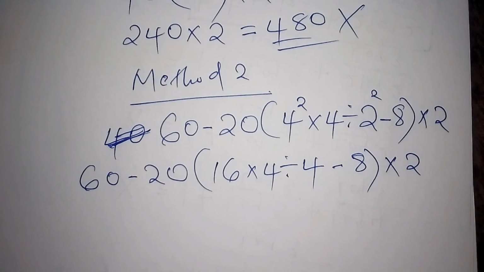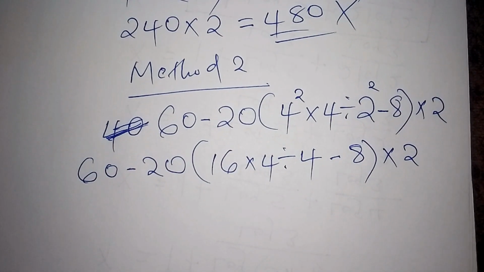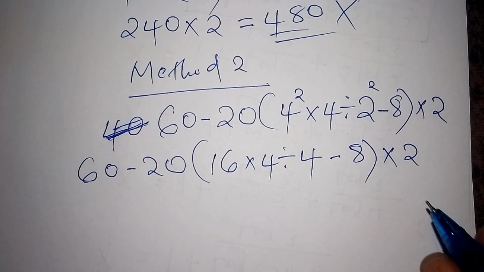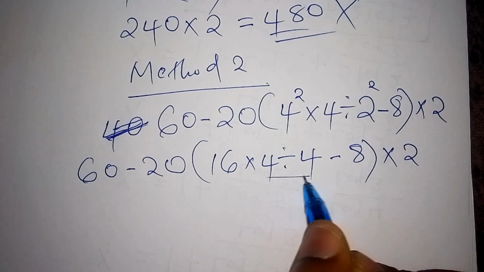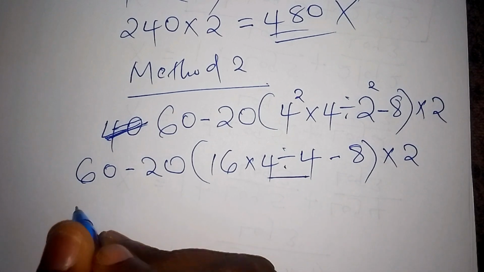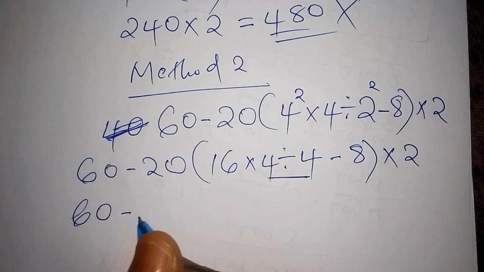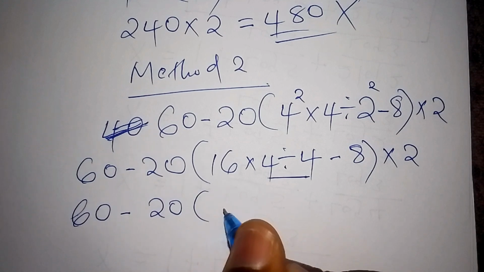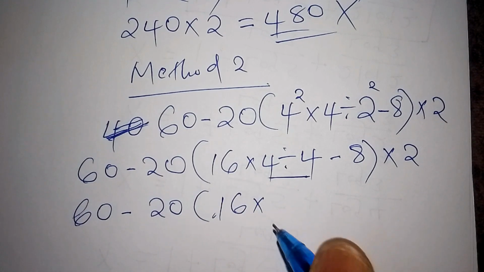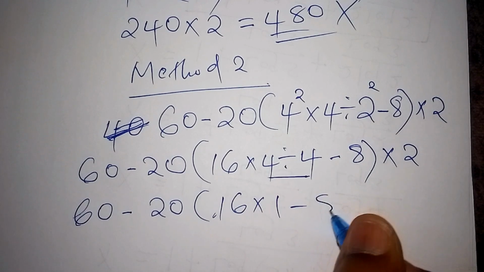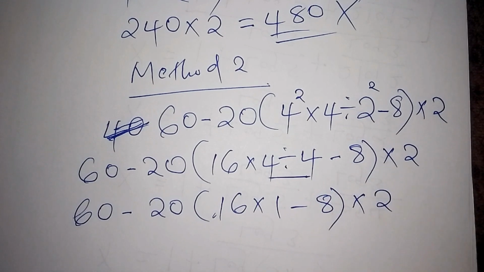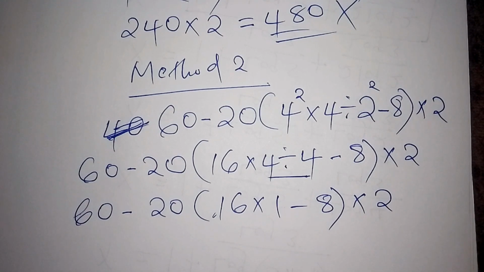This will lead you to what we know as BODMAS. Using BODMAS, inside the bracket we begin with the division sign. So we have 60 minus 20, then 16 multiplied by 4 divided by 4, which is 1, then minus 8, close the bracket, times 2. In BODMAS, after you're done with the division sign, we move to the multiplication sign and work it out correctly.